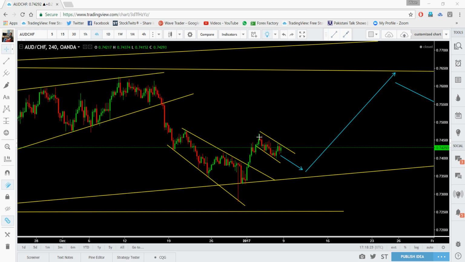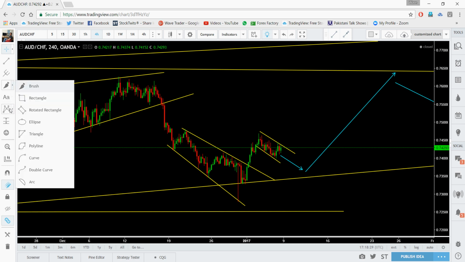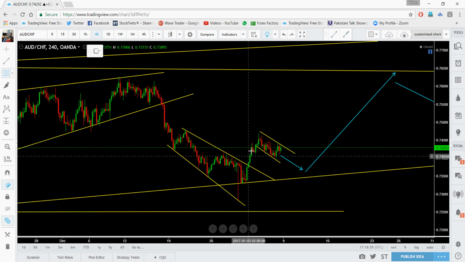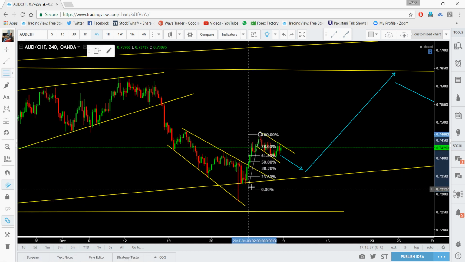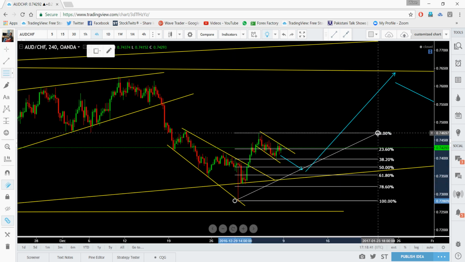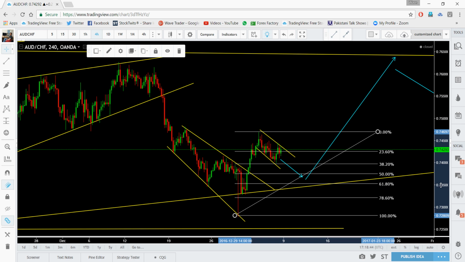This price can test, if you are using fib lines, around 50% or 61, and then can continue.